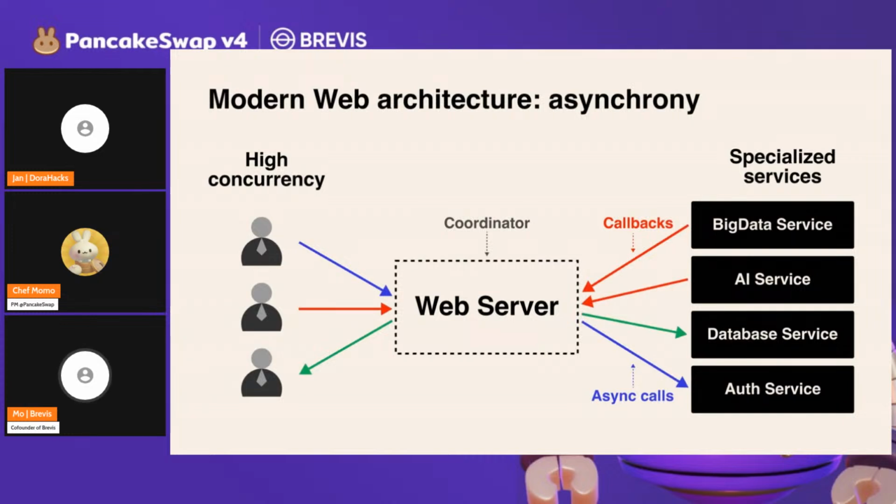And the web server is just acting as a coordinator to call into these services through asynchronous calls, and then wait for the result to come back from these services via callbacks, right? So this is how Web 2 really scaled in the last 20 years, and this is also how we see the entire Web 3 will also scale, by modularization and by asynchronous computation.